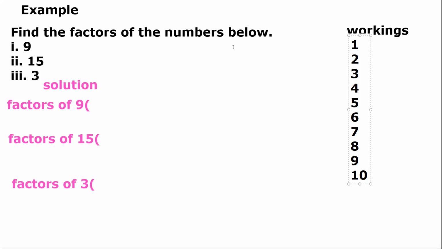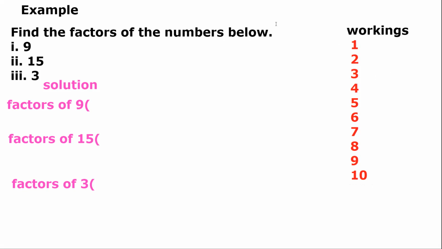Now you are going to find the numbers. When you multiply by the 1 to 10 here, that will give you 9. That will help us to identify all those numbers that can divide 9 equally. Okay, good.